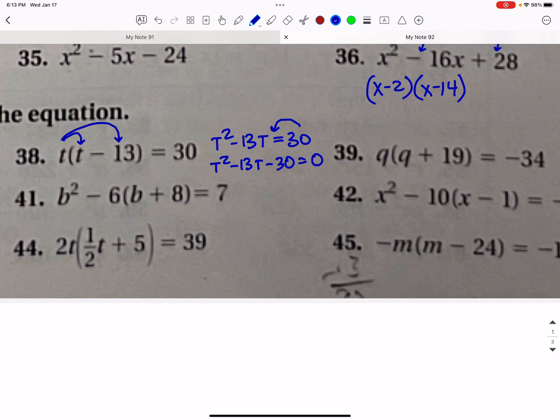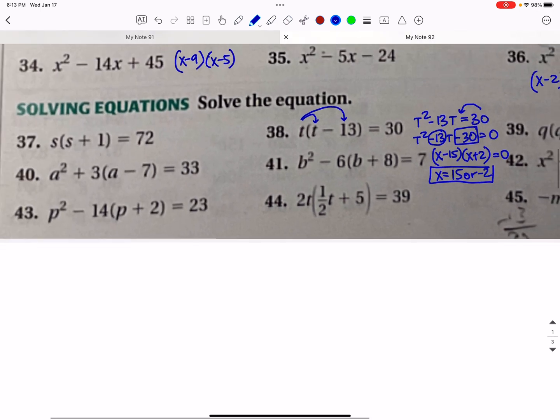We have to set this whole thing equal to 0 first. Now we can factor it. X plus 15. No, sorry, that's not right. X minus 15 times x plus 2. That's how we get negative 30 as a multiplication answer and negative 13 as an addition answer equals 0. So this is when x is 15 or negative 2.